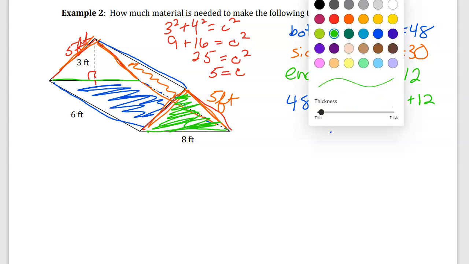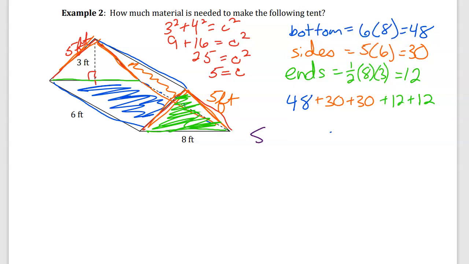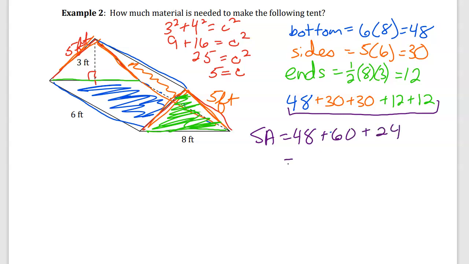That will be how much material I need, or my surface area. Okay? So my total surface area, once I add all of these up, 48 plus 60 plus 24, that's going to give me 132 feet squared.